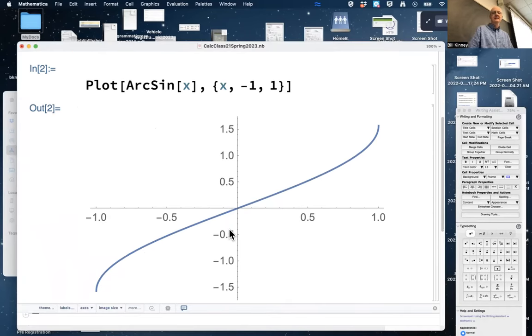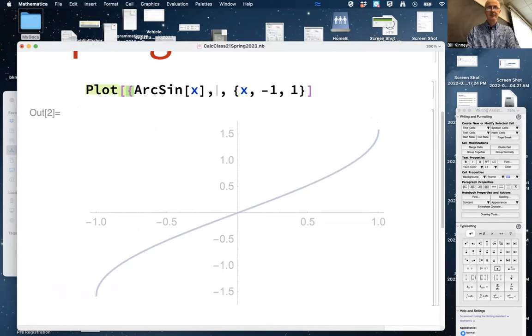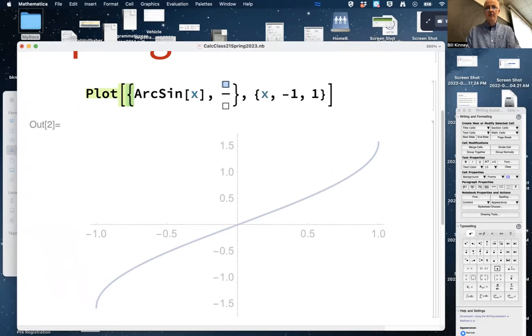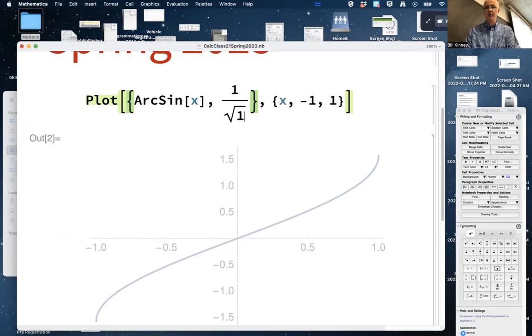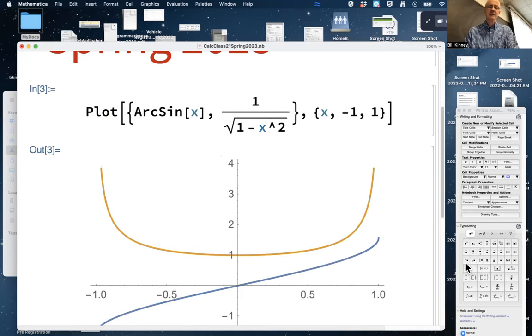And what's happening is at negative 1 and 1, the slope is approaching infinity. That's what's happening. Just like if you graph its derivative, 1 over square root of 1 minus x squared, you get a graph that has vertical asymptotes at plus or minus 1.